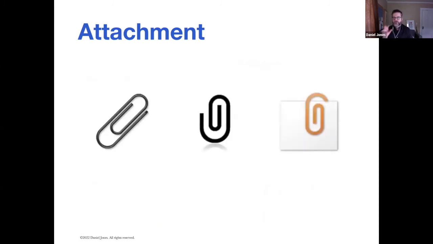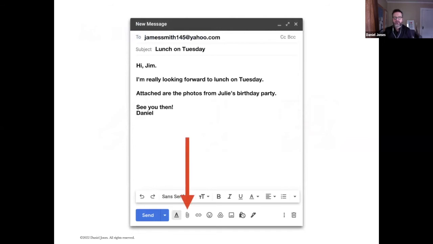And the universal symbol for attachment is a paperclip. If you see a paperclip icon somewhere in your email window, that is what you click on to send an attachment. So in this case, if I'm sending an attachment using Gmail, the paperclip is right here, along with my other menu items.